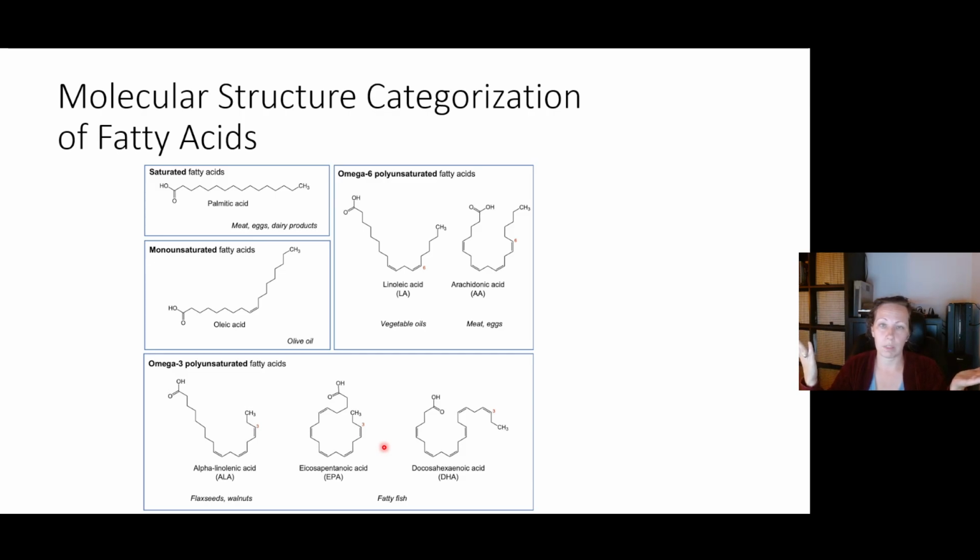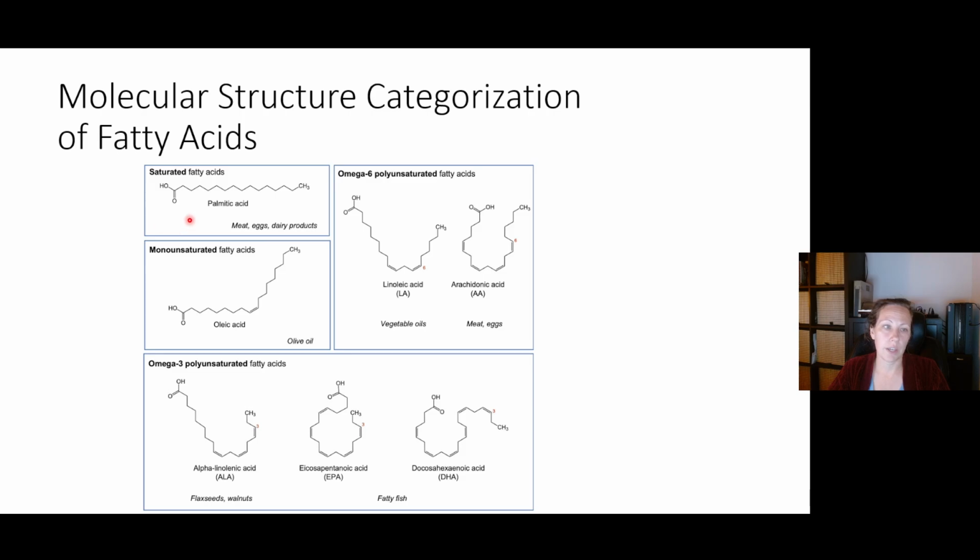I mean, we've talked about this with the carbohydrates, right? And so therefore, the ones that really just cannot stack like this are going to tend to be more liquid at room temperature. They tumble over each other, okay?